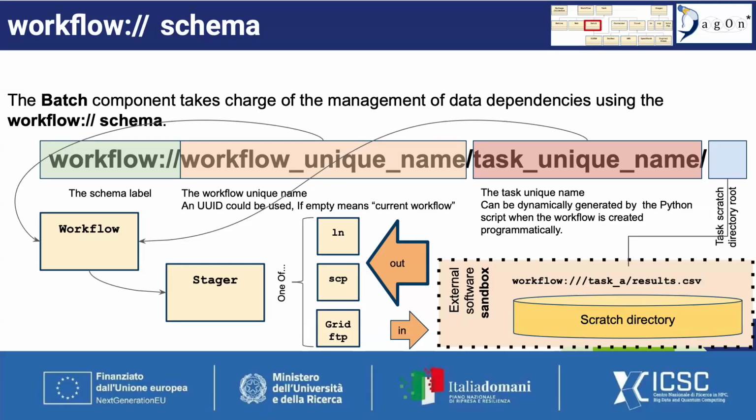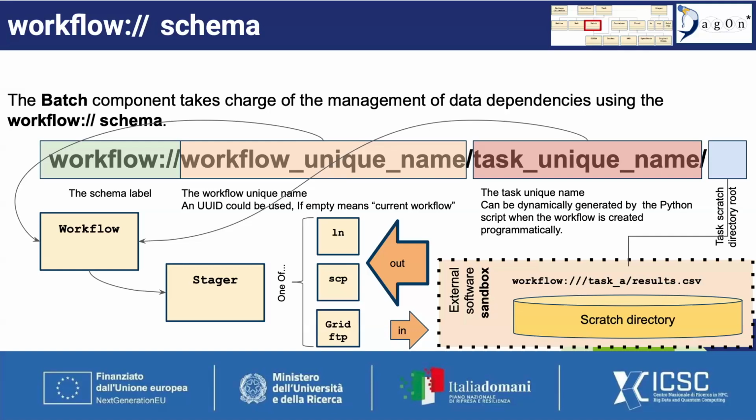And then in this way, we can implement two things in a really simple fashion. One, automatically the dependencies are resolved before the workflow is executed. Two, the stager could resolve dynamically the position of the files and then provide all the needed operations to move data where data is needed.